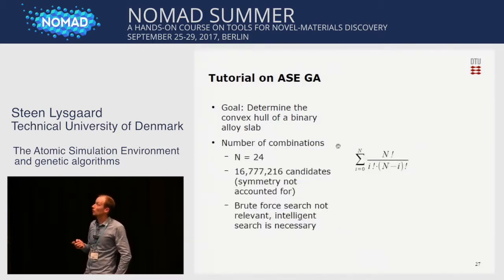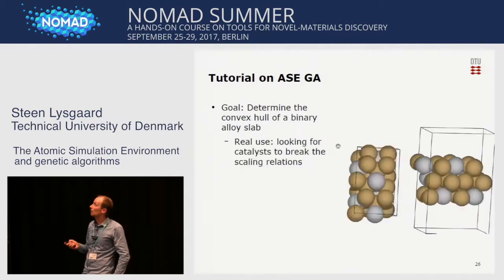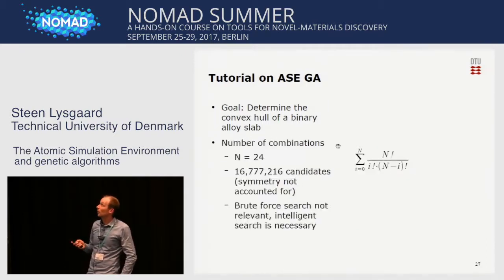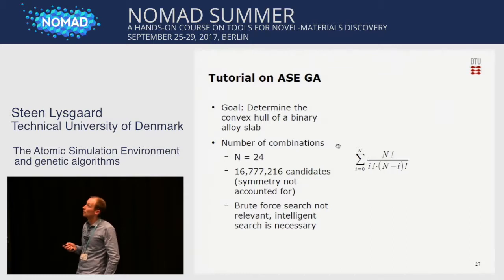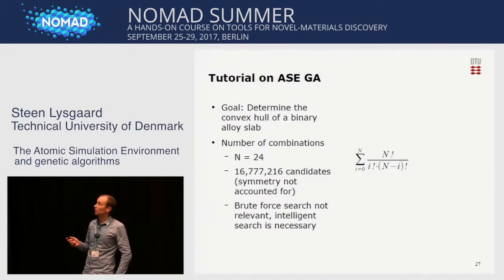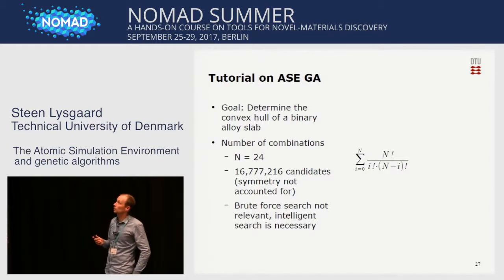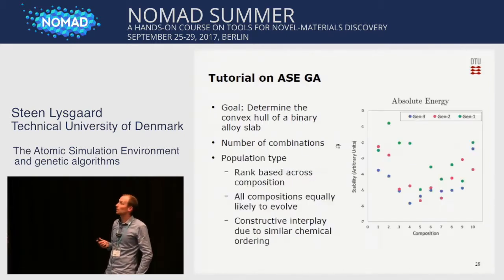The number of combinations for such a slab here, 24 atoms, is 16 million, without taking into account the symmetry. So we can't really do a brute force search. We need something better than that. That's why we use the algorithm in this case.